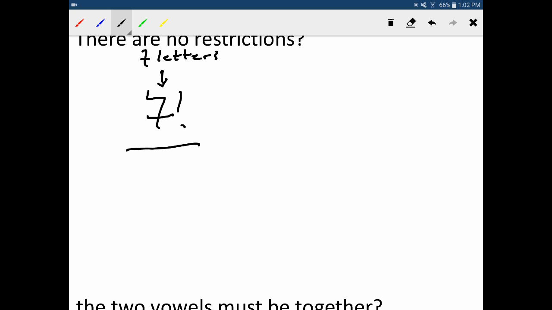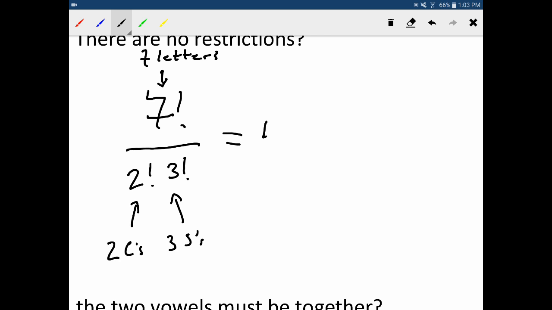Okay, and then we're going to divide by 2 factorial and 3 factorial, and this is because we had 2 C's and we had 3 S's. Okay, so we put that into our calculator and we'll just get 420 different arrangements.